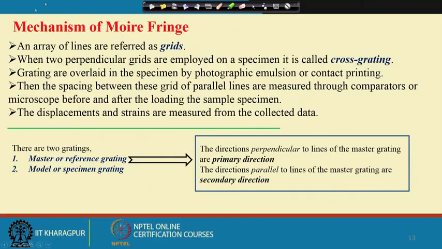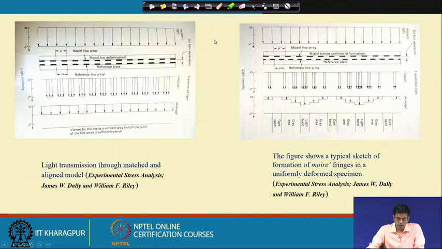So, how, if you see, this is a model information. This is a reference plate, and then this is light transmission through a matched and aligned model.